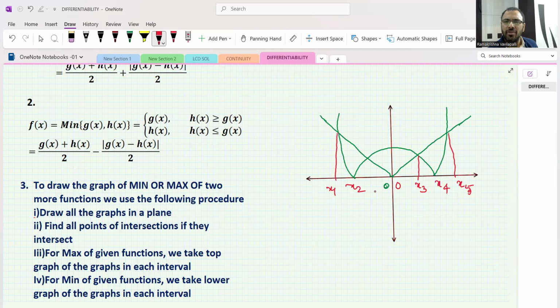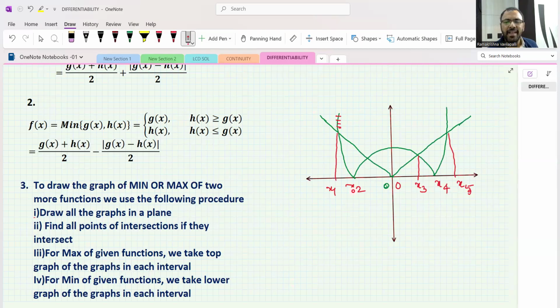Suppose we would like to draw the maximum graph. For the maximum, for less than x1, there are two graphs, and among these two, this one is the top.